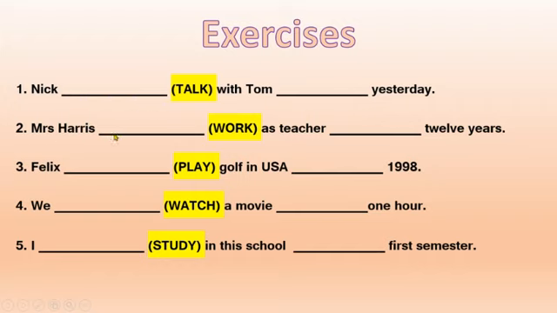Mr. Harris, have or has, been, and the verb in ing. Felix, have or has, been, and the verb in ing. We, have or has, been, the verb in ing. And I, have or has, been, the verb in ing. And to complete the exercise, you have to add at the end of the sentence, is it for or since. For or since, depends on the context.